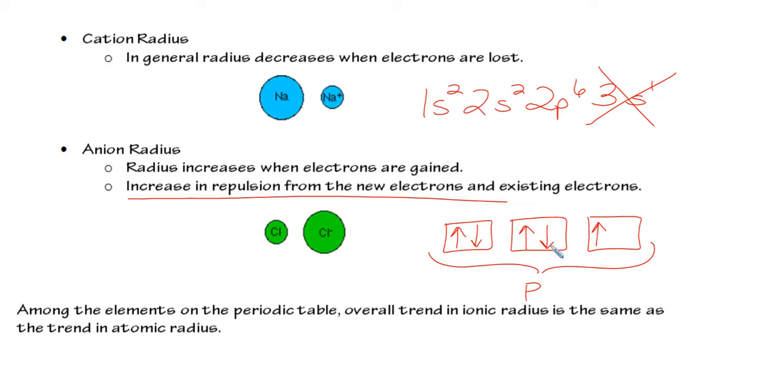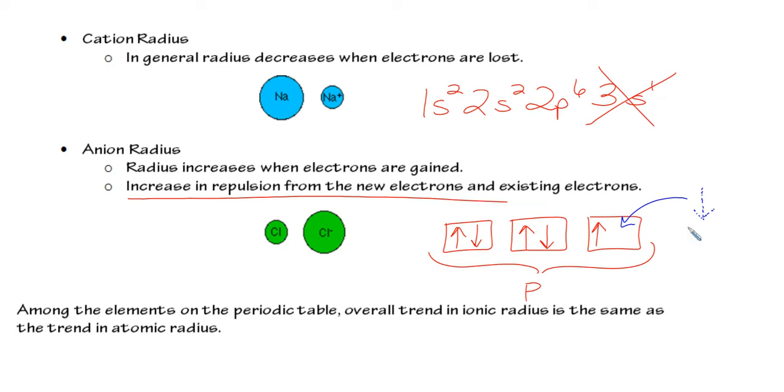So if I'm going to form a negative ion, that means that I'm adding an electron. And if I have to add an electron, so here's like this ghost electron that I'm going to add, well, that's going to create a little more repulsion. And that repulsion is going to make the ion just a little bit larger than what you might expect, a little bit larger as compared to the original atom.